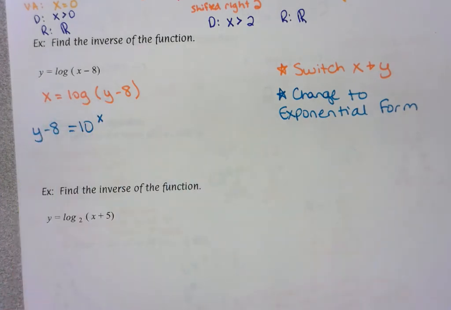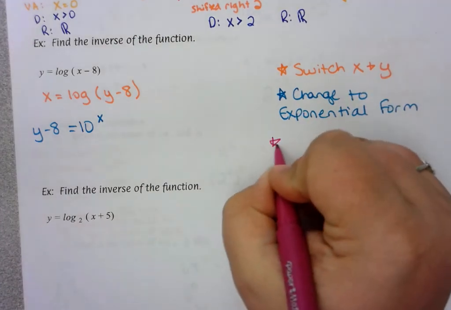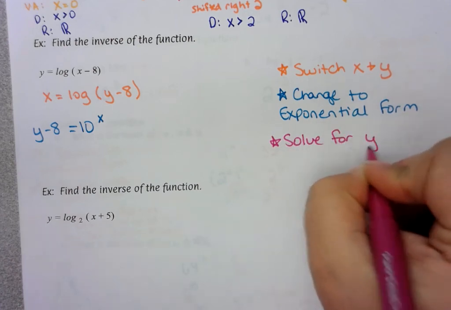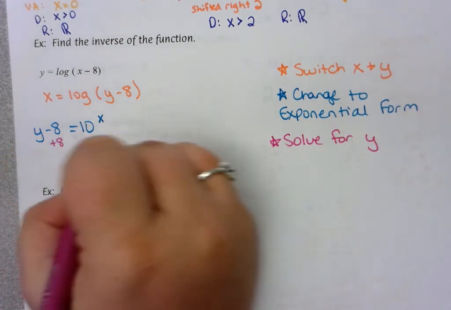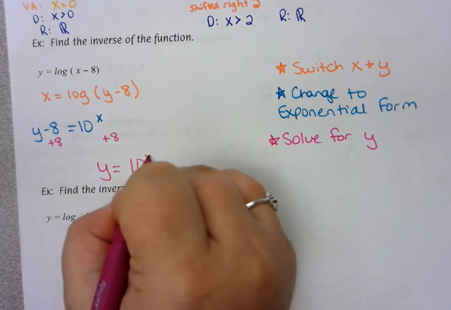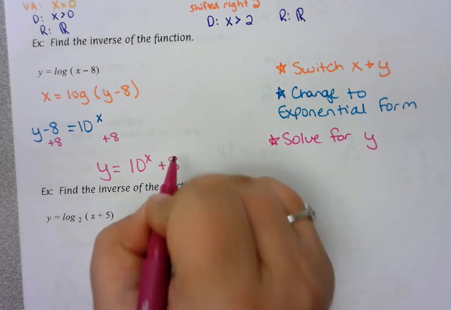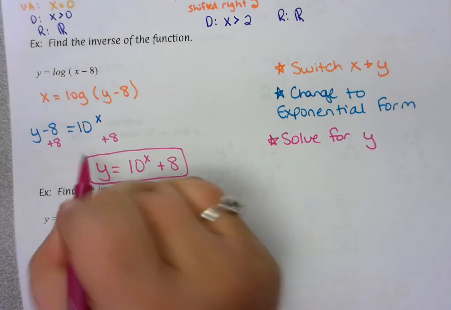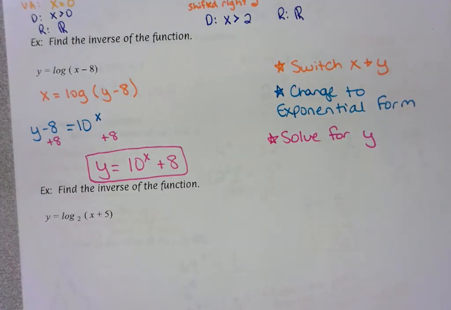I'm sorry I wrote it kind of weird, but that's okay. And then last, we need to get y by itself. So solve for y. And how we'll do that is get the 8 on the other side. So y is going to equal 10 to the x plus 8. And that's my final answer.